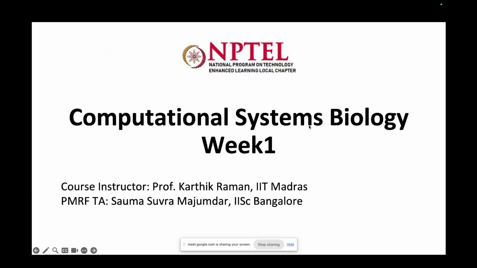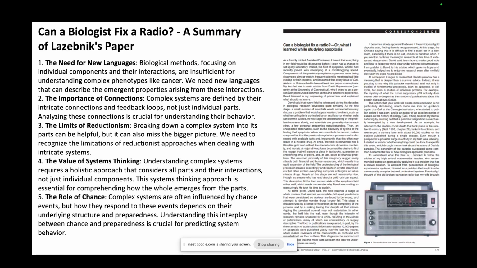First, I'll suggest to everyone this short paper that is freely available on the internet. You can just Google it up: Can a biologist fix a radio? I'm sure many of you have heard of this paper or read it prior to this, but it is a very interesting paper where this person, his name is Lazebnik, started as an assistant professor at Cold Spring Harbor Laboratory.